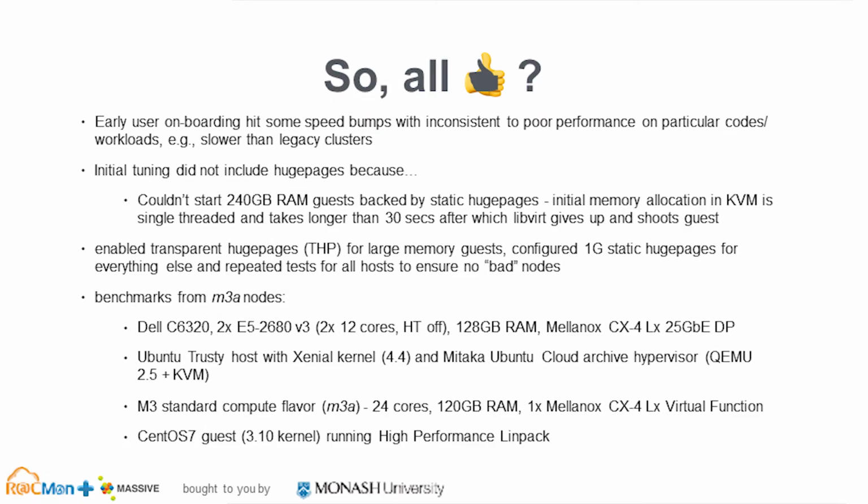What we didn't do initially was have huge pages turned on for that test, because it turns out that the huge page allocation in the kernel is single-threaded, and when you start a guest that is 240 gig of RAM in size, it takes longer than 30 seconds to zero those pages, and then libvirt times out and QEMU gets killed. So you can't start your machine. The way around that is to use transparent huge pages instead.